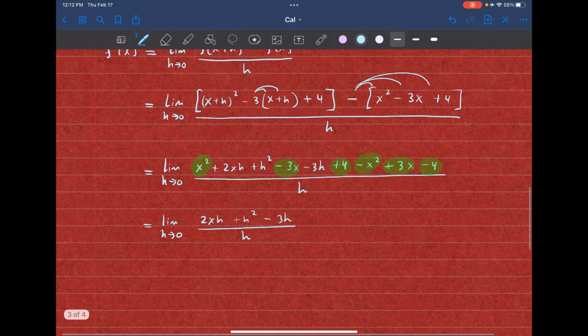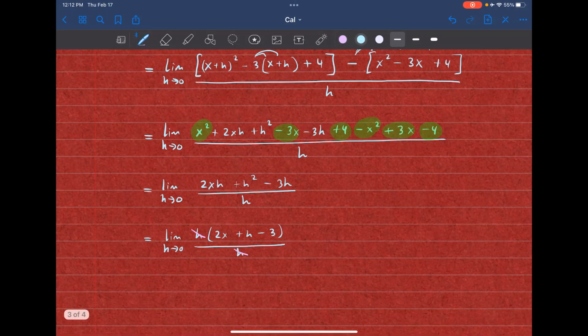Now here we can simplify this a little bit more. Note that every term in the numerator has h in it. So I can simply factor out an h. That gives me h times (2x plus h minus 3) all over h. Now here we should notice that h cancels out.